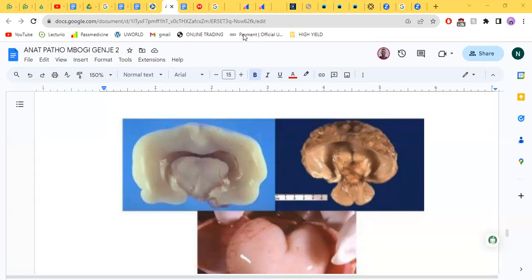Now, in which week of early embryonic development do we get this happening? Week 3, 4? Third week?